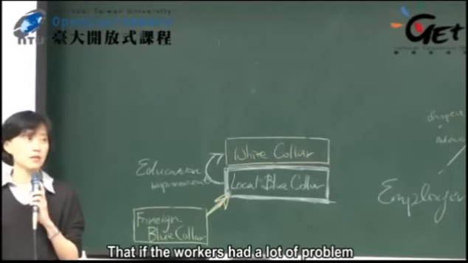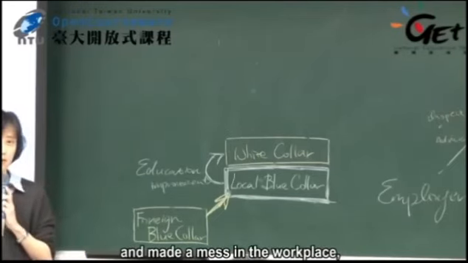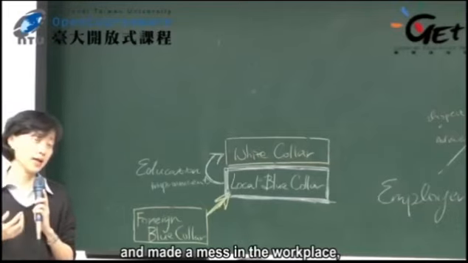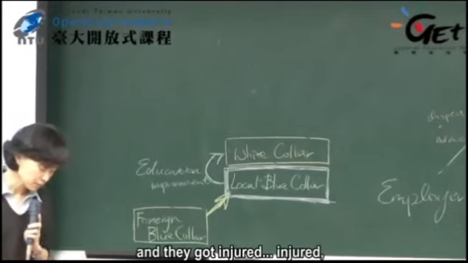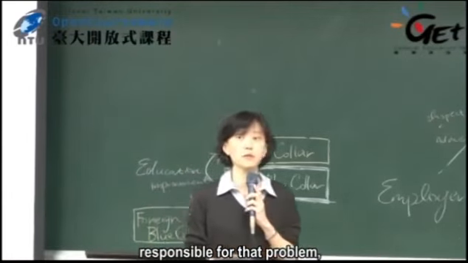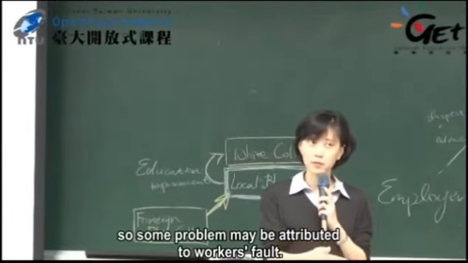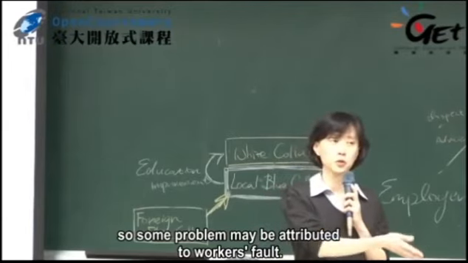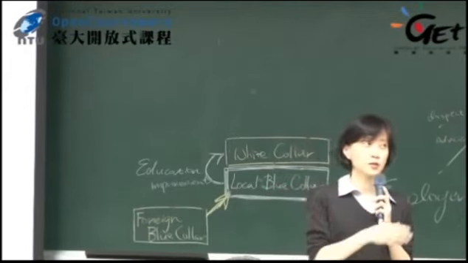If the workers make a mess in the workplace and got injured, then why should the employer be responsible for that problem? So some problems may be attributed to workers' fault.